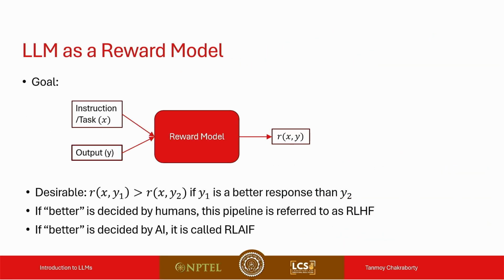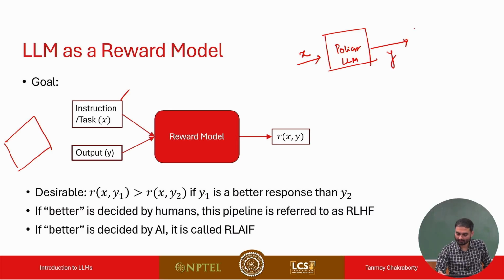Essentially, what this reward model does, given an instruction X, which is a prompt, and a response generated by the policy model. So the diagram should be like this. We have a policy model, policy LLM. X is the input. The model generates Y, right?